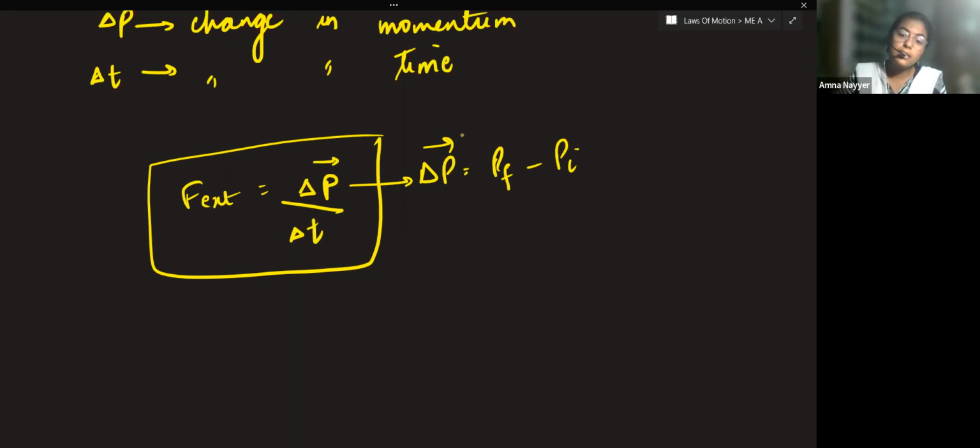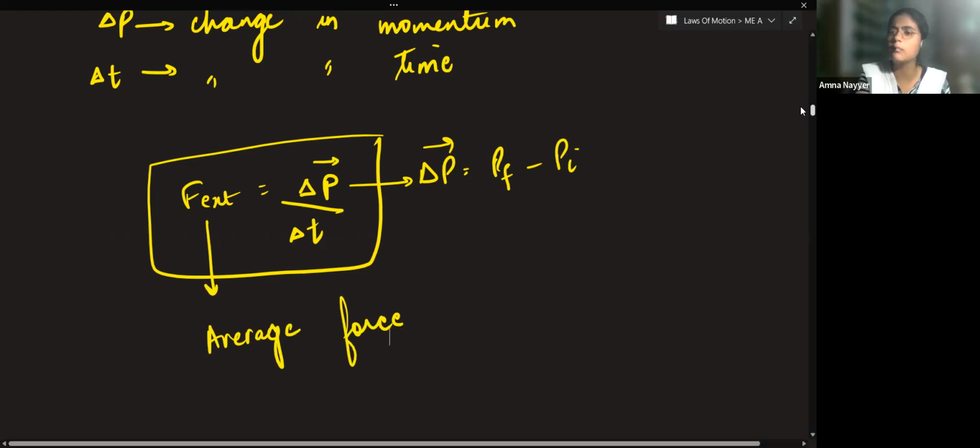Remember we did average velocity and instantaneous velocity, average acceleration and instantaneous acceleration. Whenever we had an average term, we used this delta symbol, but whenever we had an instantaneous term, we used differentiation. So here we are getting the average force, because the delta change is calculated over a larger interval.